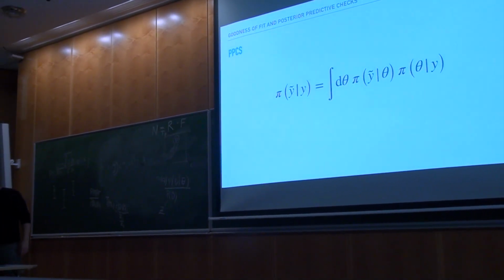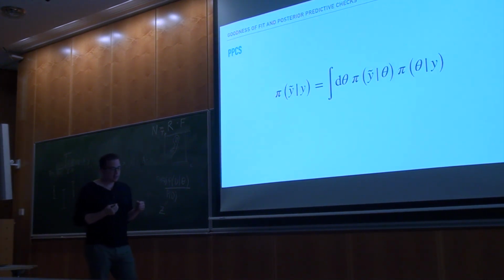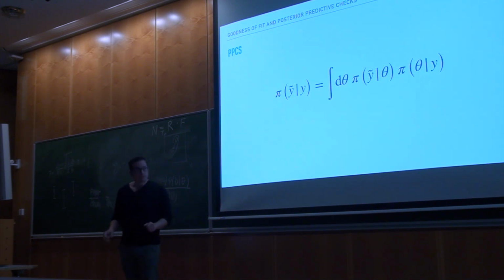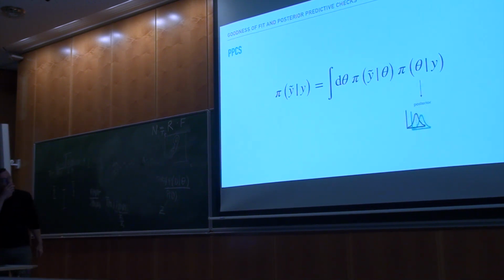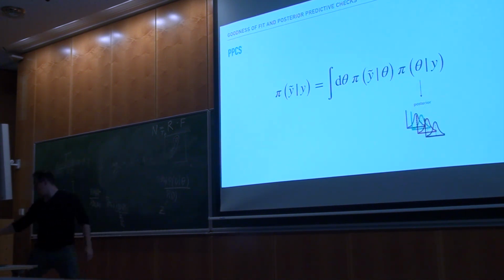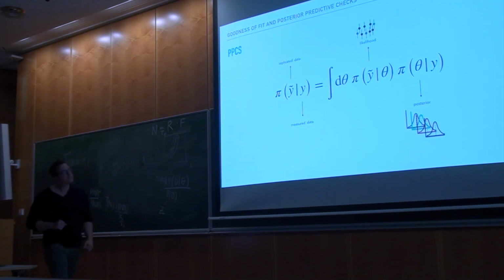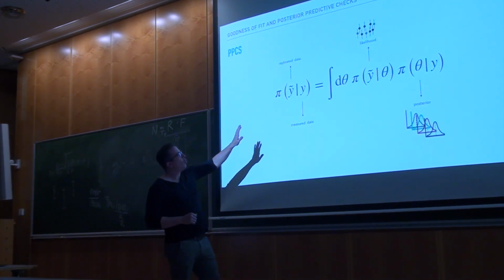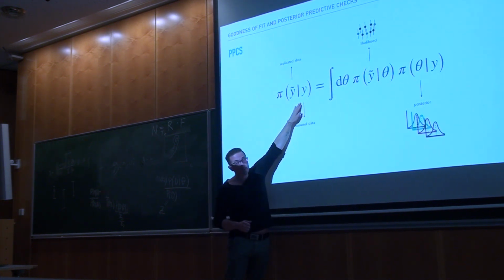That leads me to posterior predictive checks. They're relatively simple to compute, and the concept is pretty easy. This right here is called the posterior predictive distribution. What it is is the probability of future data given the data that I've used.